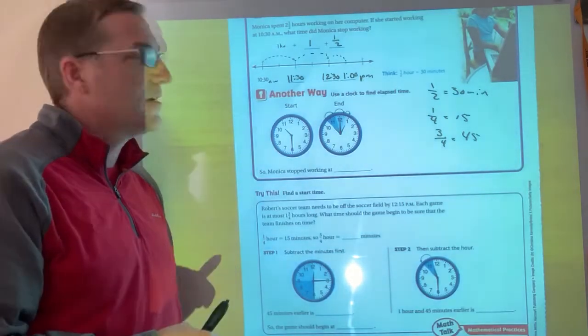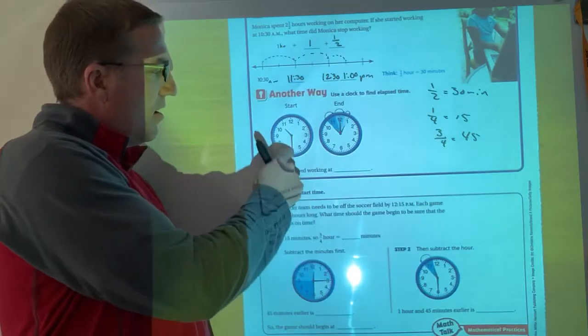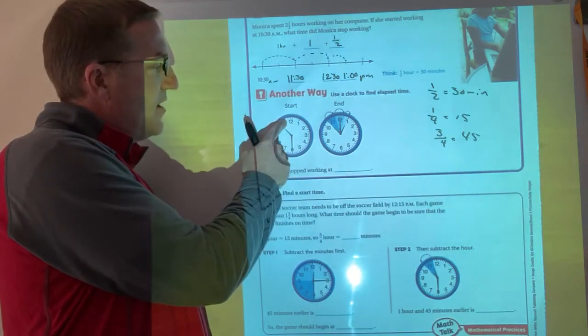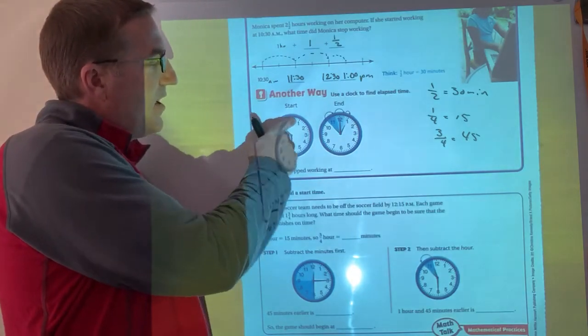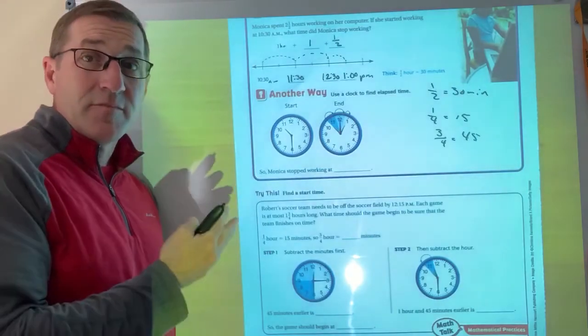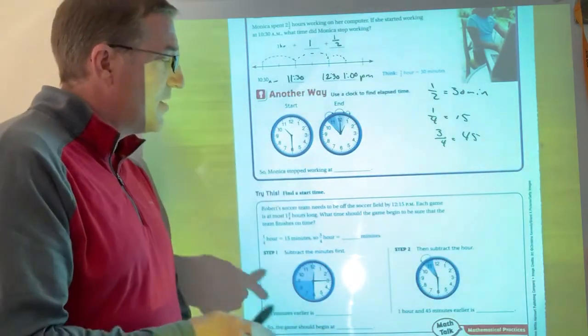I find this to be somewhat difficult because if I'm starting here at 10:30, I've got to go around to 11:30, then to 12:30, and then I take that hand halfway around again. That puts me at 1 o'clock. So for me, you might want to get like a little handheld clock, right, to do something like that.